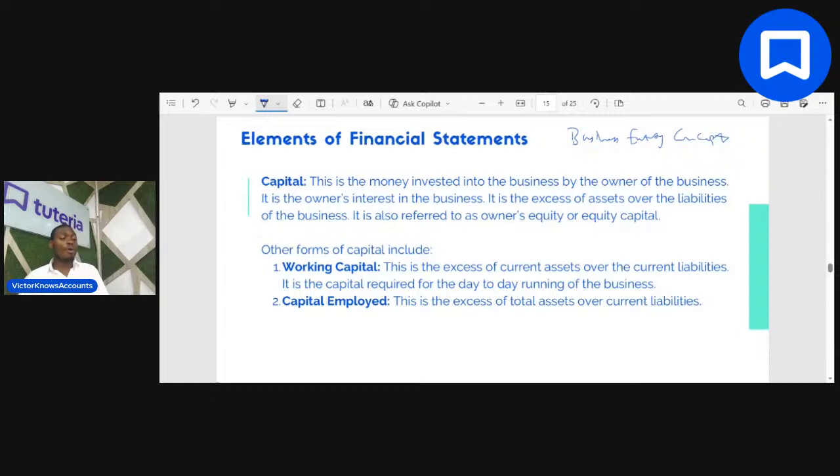Do you get? Looking at capital in the face of the business entity concept, this person is separate from the business, so it means that the money given to us is actually borrowing us.